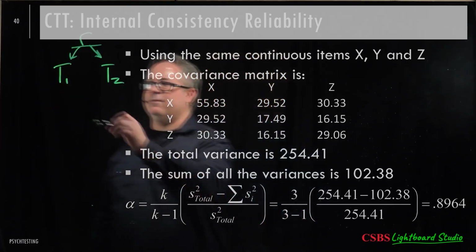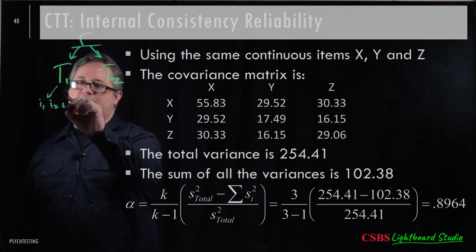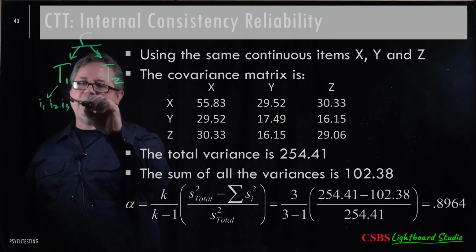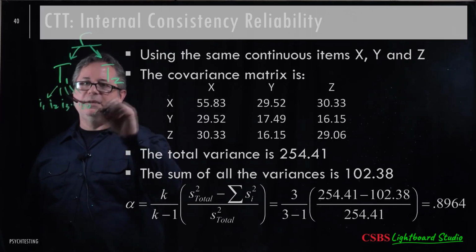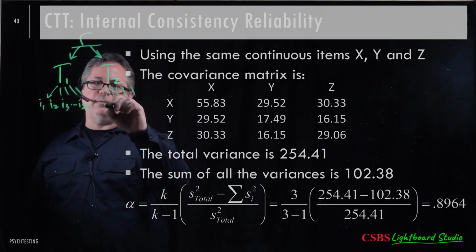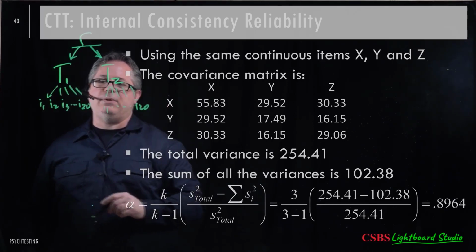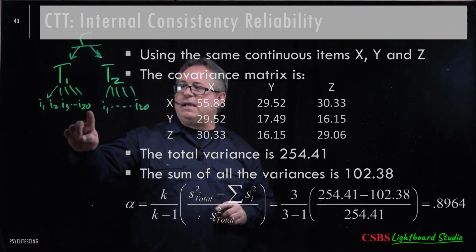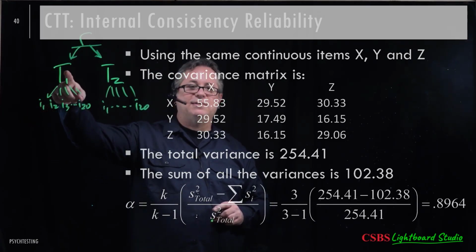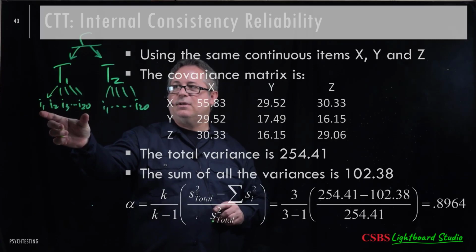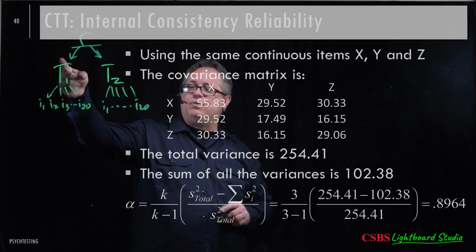Because this is made up of item 1, item 2, item 3, all the way to item, I think there's 20 or something. Item 20, if it's the CESD, this is made up of those same I1 through I20. I didn't really ask, are these items reliably consistent to each other at time 1? Because maybe they aren't. I can add up any old numbers, any old things I want, and see that they're reliable across time.